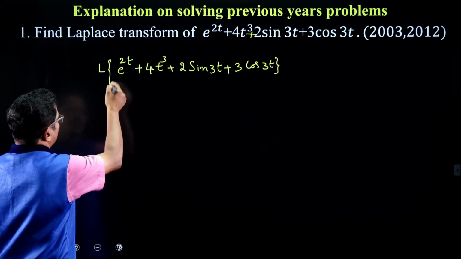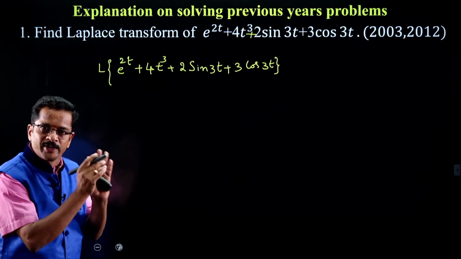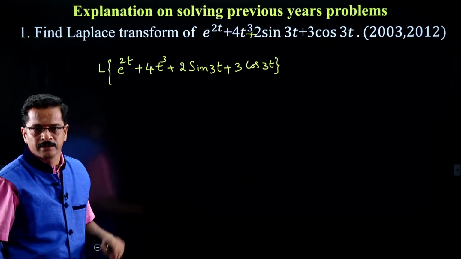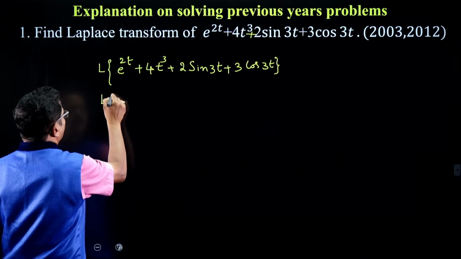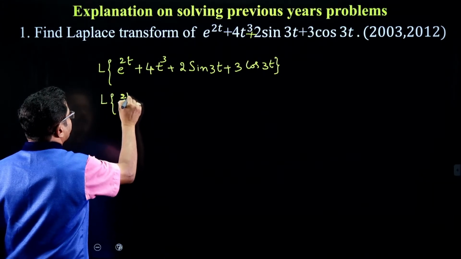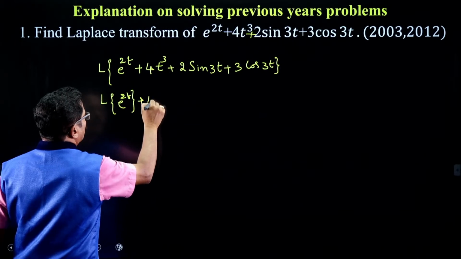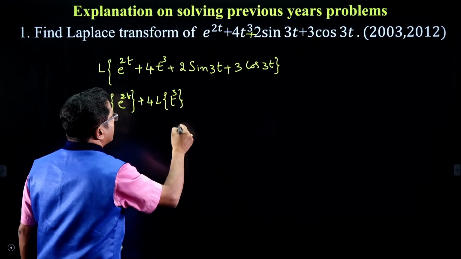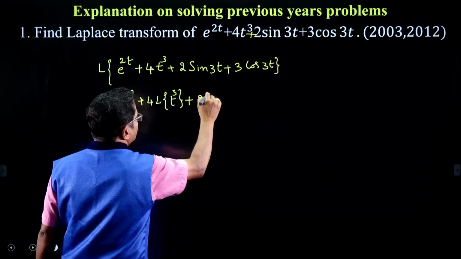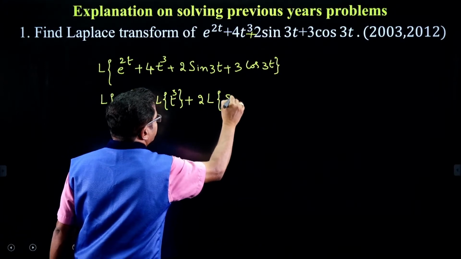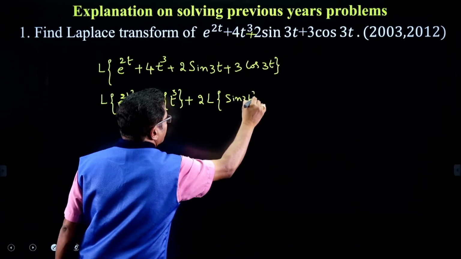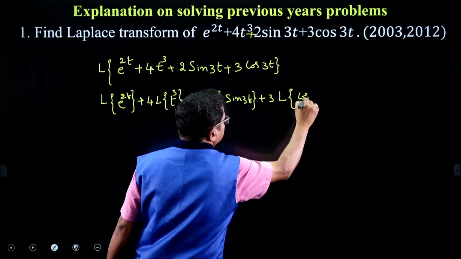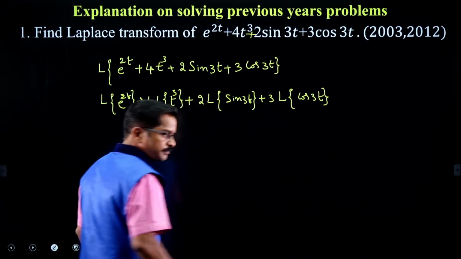As per the linearity property, I am applying the Laplace transform to every individual function as they are under addition. So I am writing this as L of e power 2t plus 4 into L of t cube plus 2 into L of sin 3t plus 3 into L of cos 3t, right?